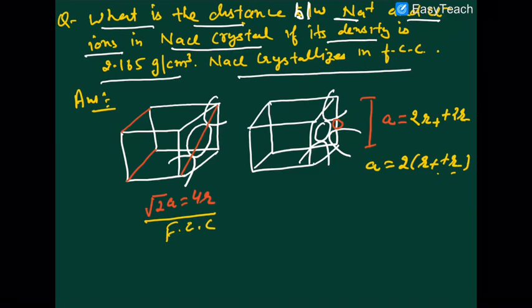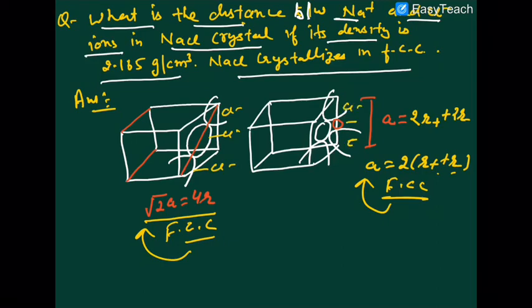FCC has two types of A formulas. One formula is this, the other formula is well known. Now this formula is taken into consideration. Why? Because in the other one all are chloride ion, chloride ion, chloride ion, chloride ion. Here he is talking about chloride ion, then you have sodium, then you have again chloride. Okay, so red is what? Sodium here.